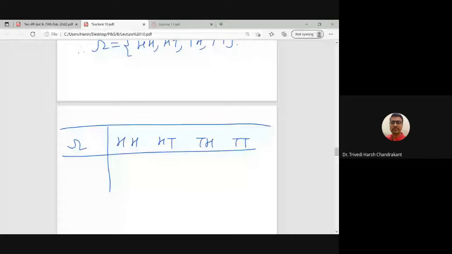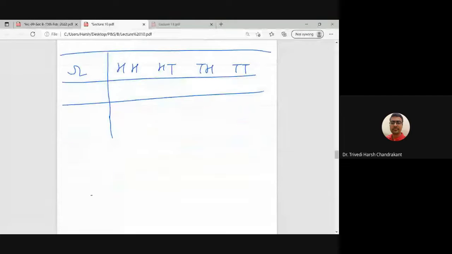So now we want to define a random variable here. X from the set HH, HT, TH, TT to R. So again, this is the tossing of a coin, and what we can count is we can count either head or tail.